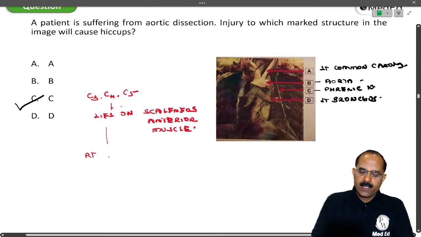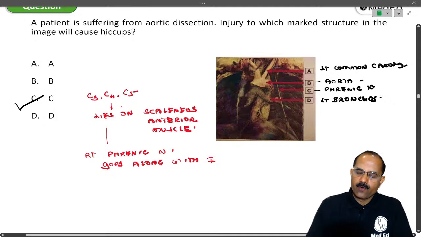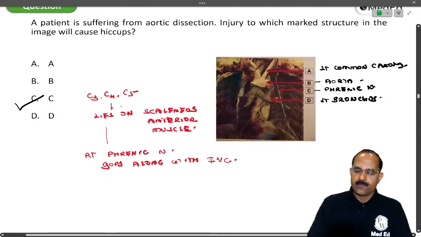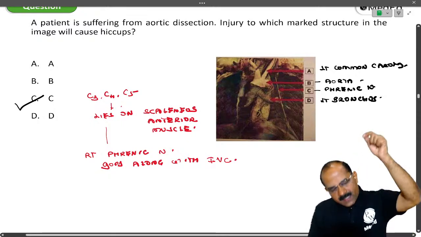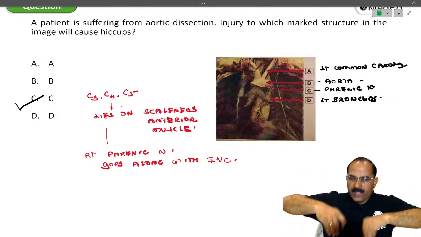The right phrenic nerve goes along with IVC. IVC के साथ कौन जाता है? Right phrenic nerve. The left phrenic nerve pierces the diaphragm and enters in the abdomen. How does the right phrenic nerve go in the abdomen?